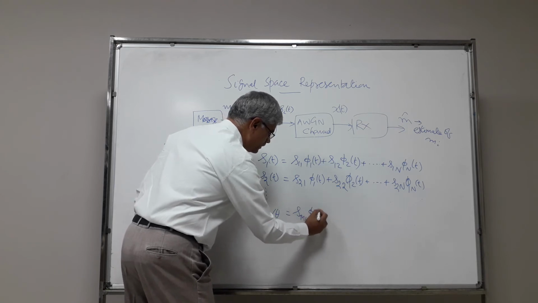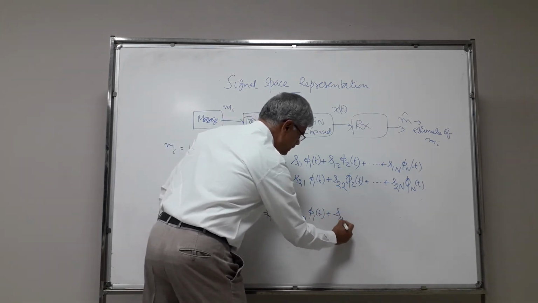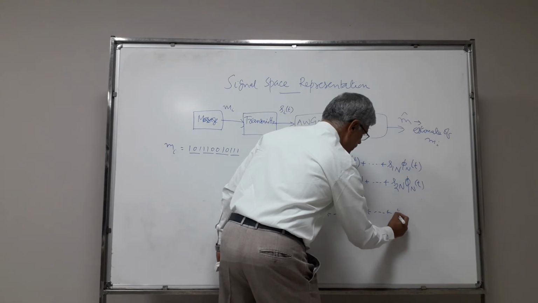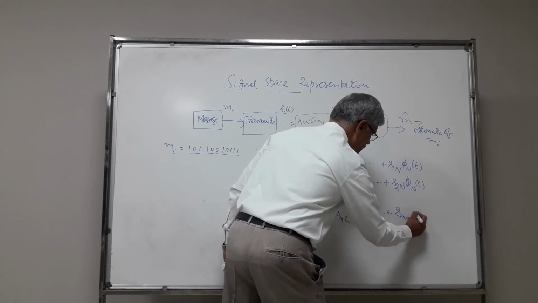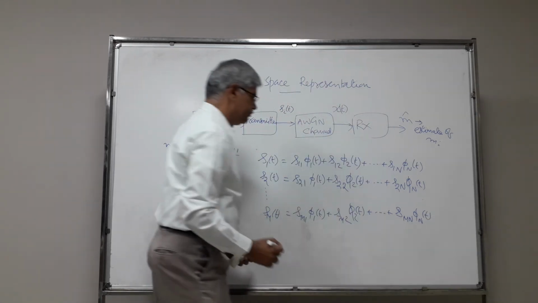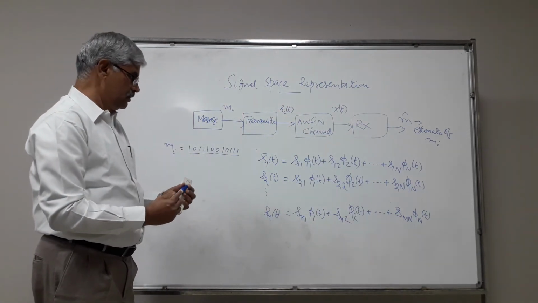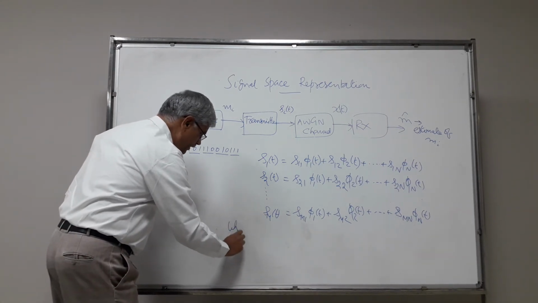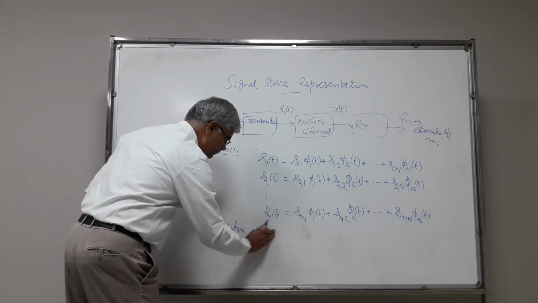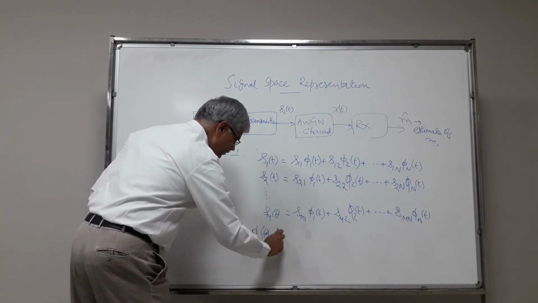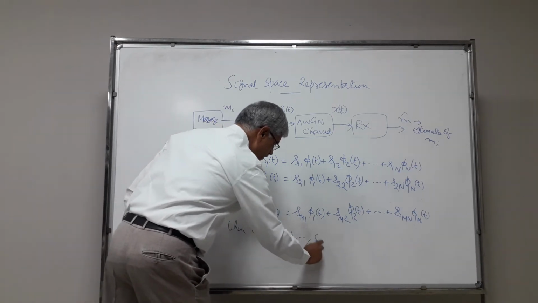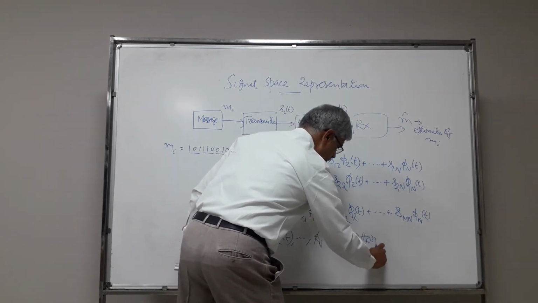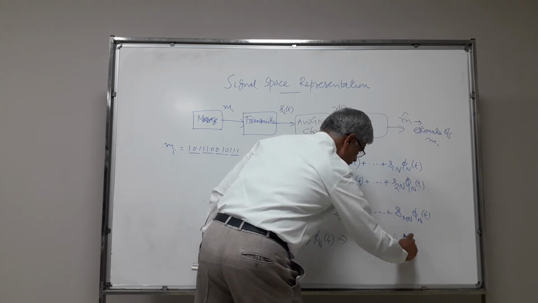Where this phi 1 of t, phi 2 of t, phi n of t are orthonormal basis functions.